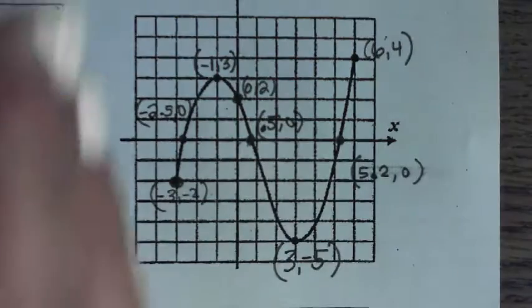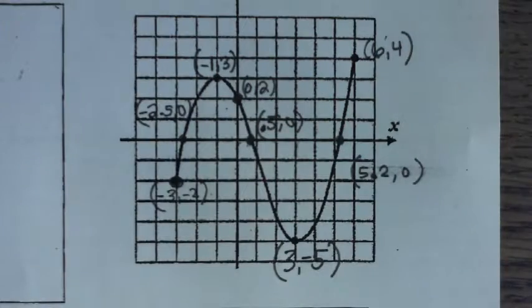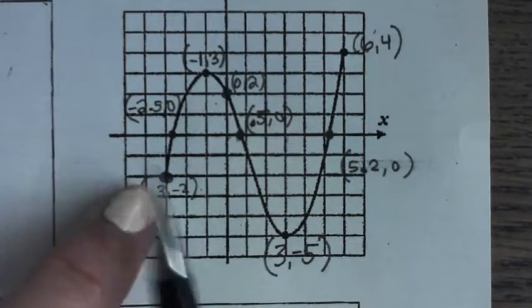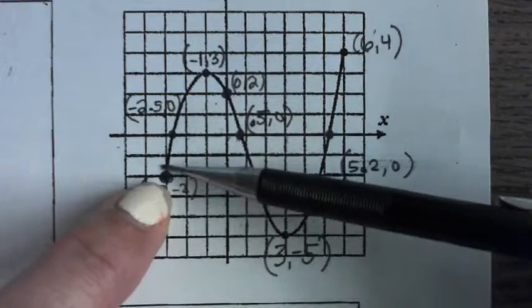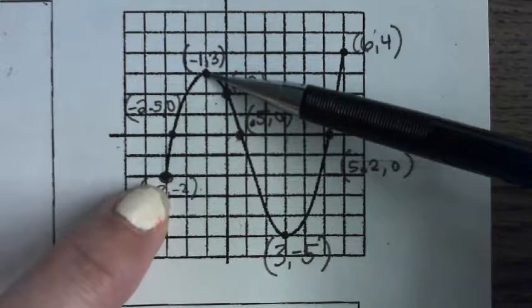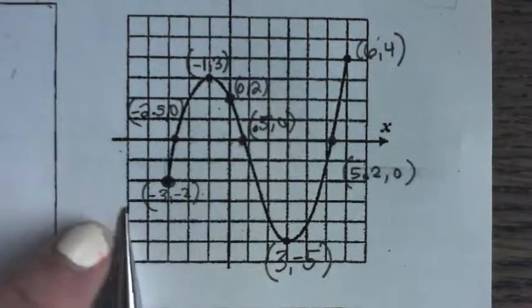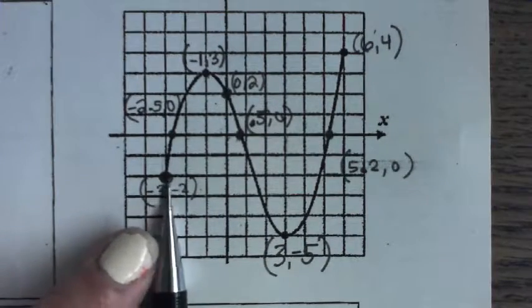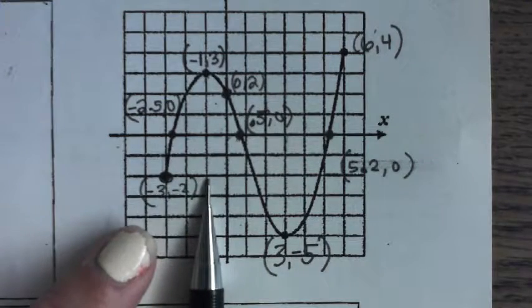So you're really only looking at your x numbers. There's very few times where we're looking at our y number to answer a question. So this graph is increasing from here to here. Do we all agree? So what are the x coordinates of that? That's from -3 over to -1.